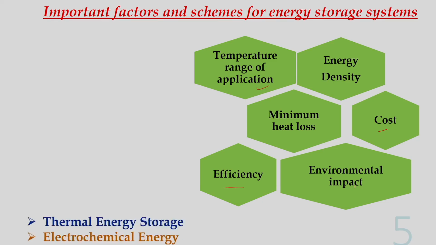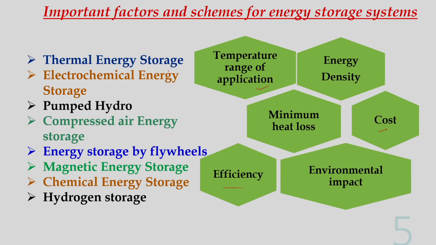What are the different schemes we have? We have thermal energy storage, electrochemical energy storage, pumped hydro energy storage, compressed air energy storage, flywheels, magnetic energy storage, chemical energy storage, and maybe hydrogen energy storage. In our discussion today, we will emphasize thermal energy storage.